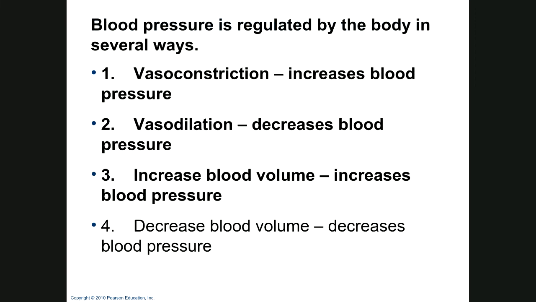So, vasoconstriction, just think about squeezing a balloon, causes increased blood pressure. Vasodilation decreases blood pressure. Increased blood volume increases blood pressure. Decreased blood volume decreases blood pressure. And the body uses all these to regulate blood pressure. It's just really two things: change in the dilation of the vessel, change in the volume of the blood.